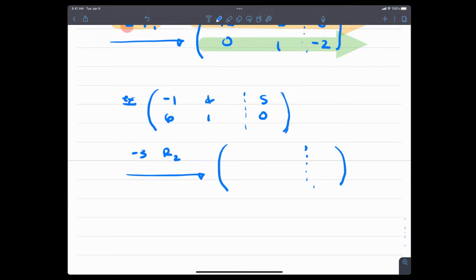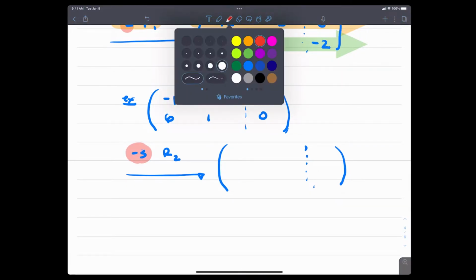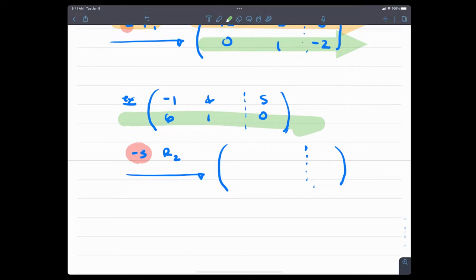Okay, because we're looking at what's called elementary row operations. Well, what does it tell me to do? Take the number negative 3 and multiply that to what? Which row?